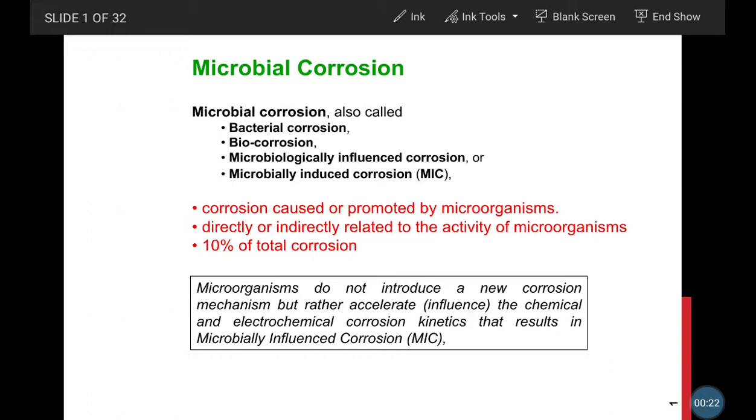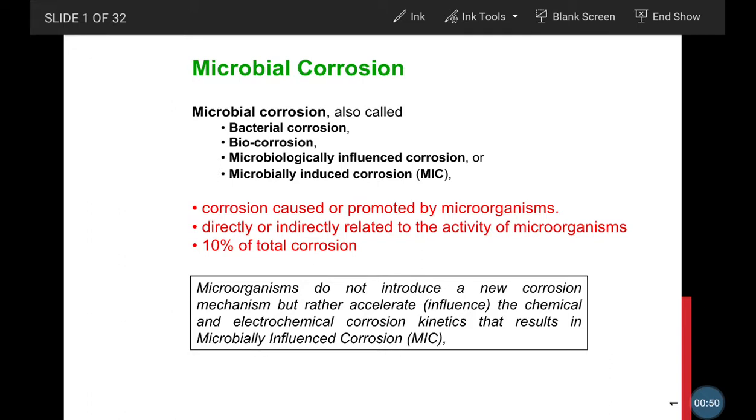This type of corrosion occurs or is caused by the activity of microorganisms. It may occur directly or indirectly related to the activity of microorganisms, and it causes 10% of the total corrosion that occurs nowadays.